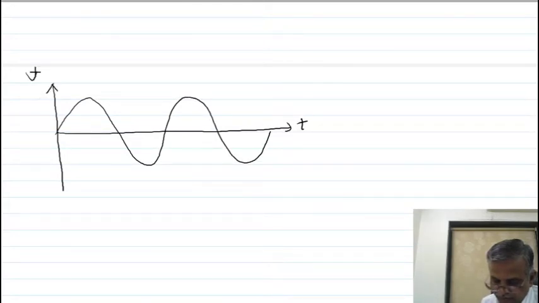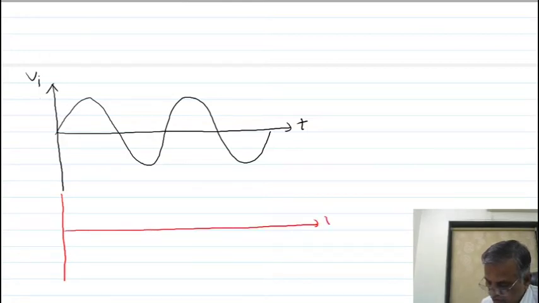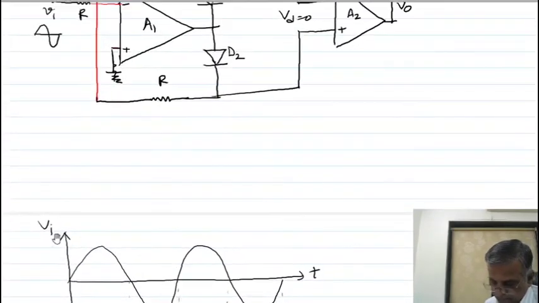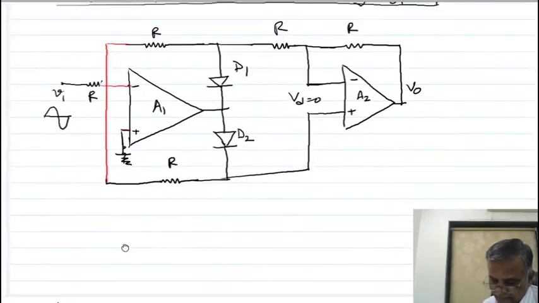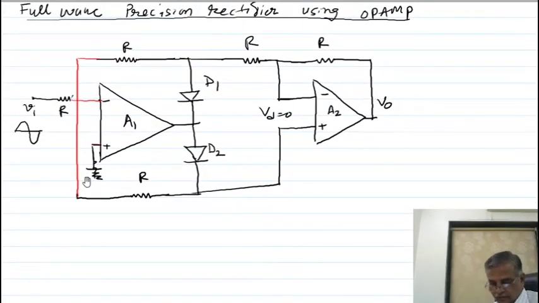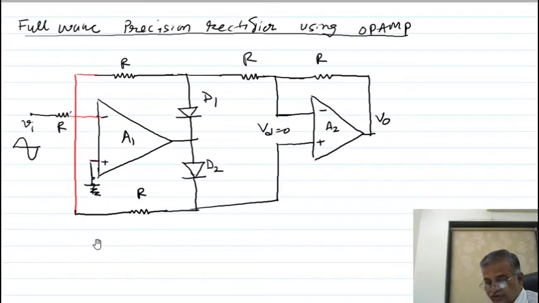This is the input signal Vi, and the corresponding output signal I have to draw. Look here. From this page we will discuss how the circuit works. This is a full wave precision rectifier using the op-amp.